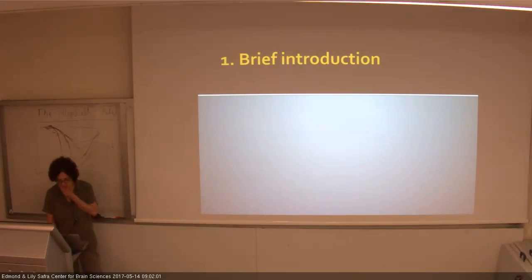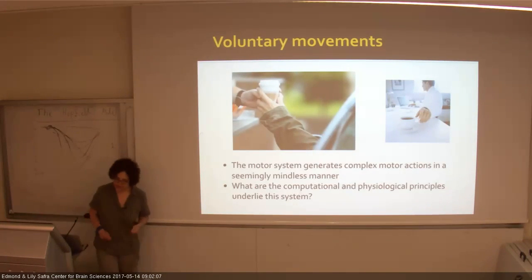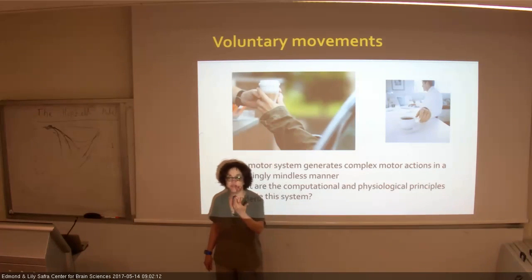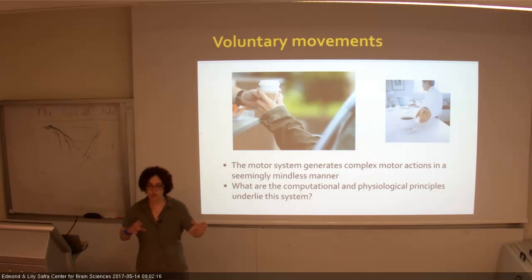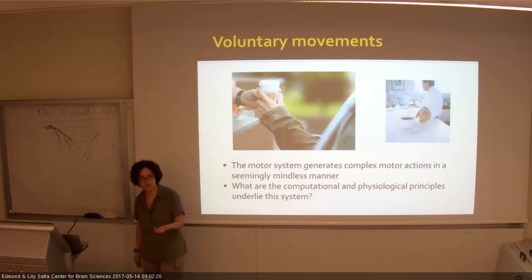Okay. So, first things first. Voluntary movement is something that we do on a daily basis, but in a kind of mindless manner, right? I mean, we reach and hold and grasp, and we don't really think about the details of these actions.